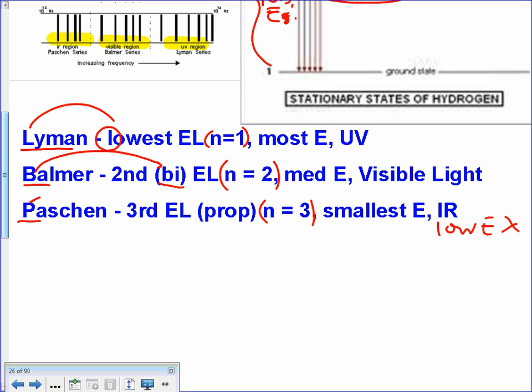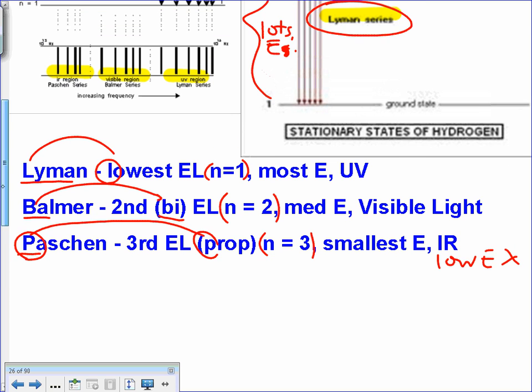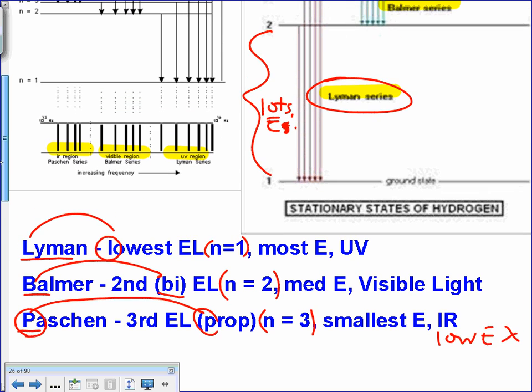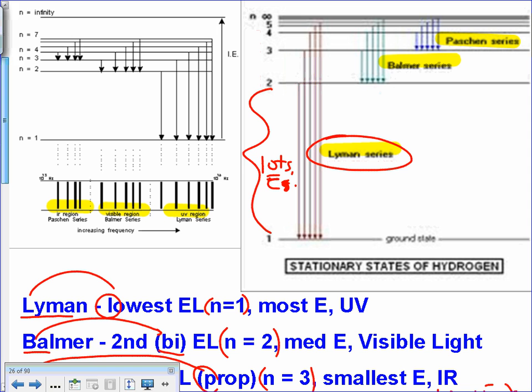That's how I remember: Paschen is like prop, which is n equals 3. You can make up your own if you want, but that's what I've got for you. So these are just series of wavelengths or energy that's released as an electron drops from a high energy level to a specific lower level.